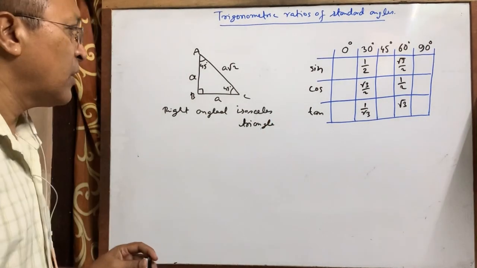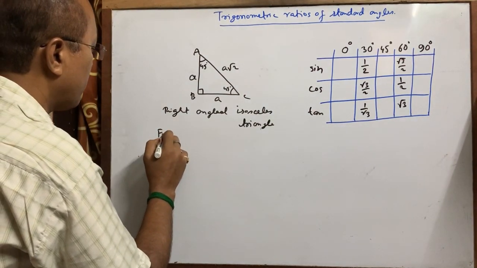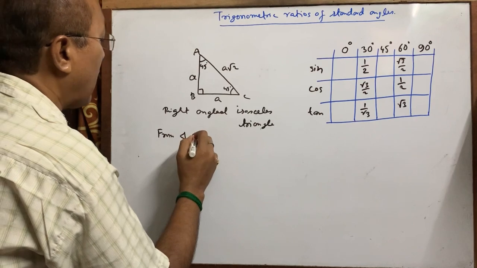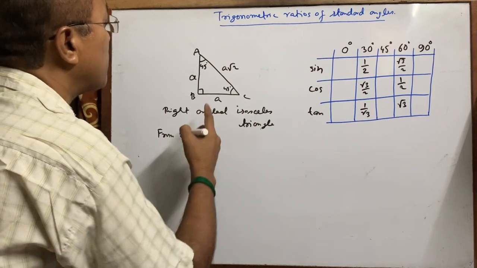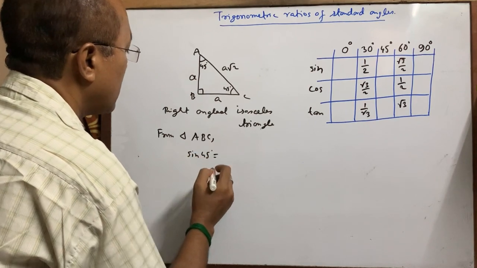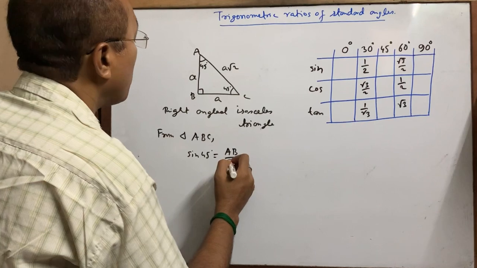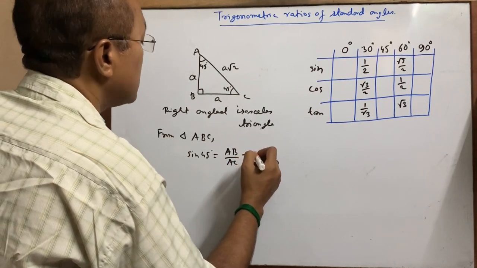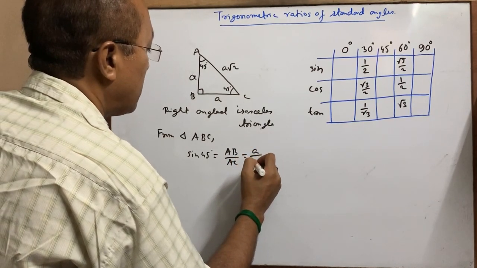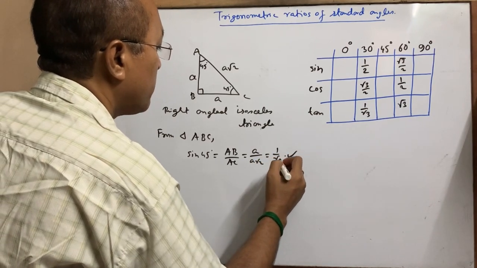From triangle ABC we can find sine 45, which means perpendicular by hypotenuse. So this will be a by a root 2, that is 1 by root 2.